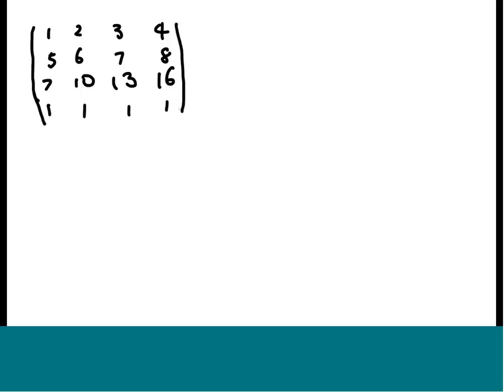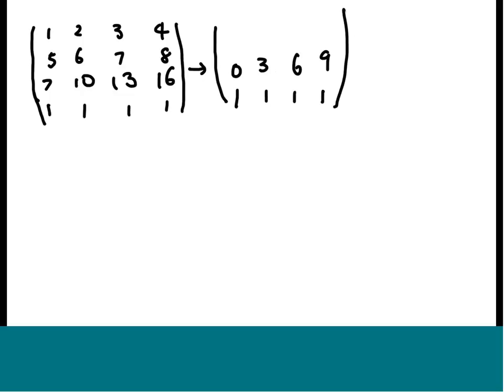Okay. Let's calculate the rank. You can do it either way. I'm using 1, 1, 1, 1, then multiply to get everything to be 0. I keep 1, 1, 1, 1 here. Then for 7, I get 0, 3, 6, 9.